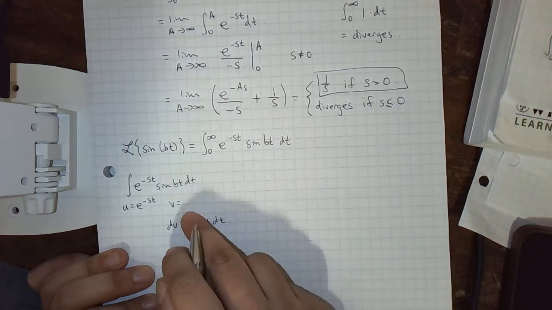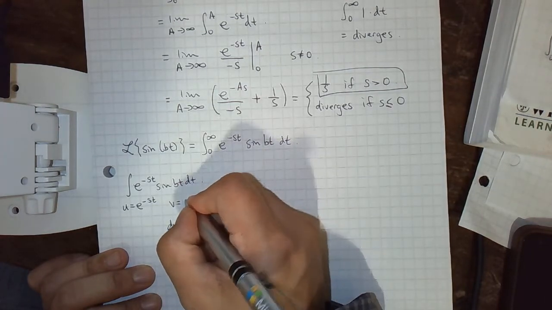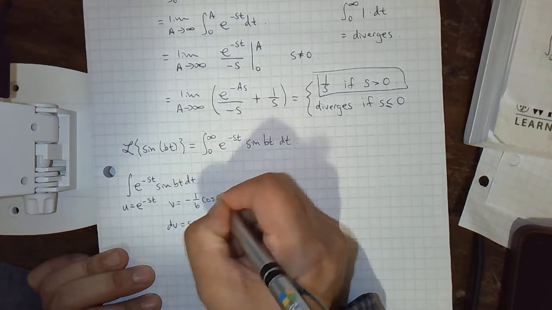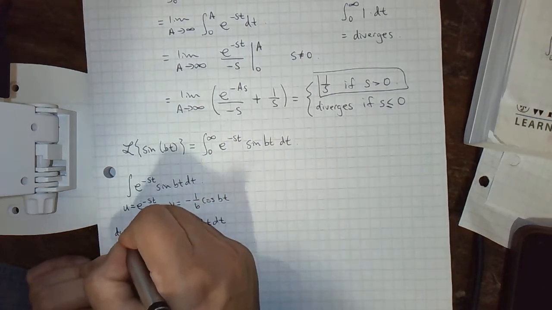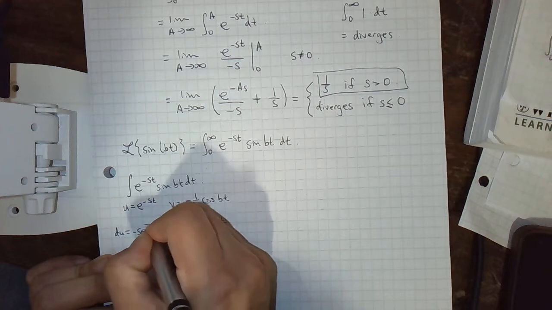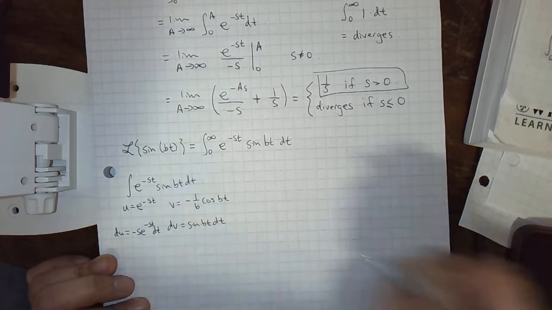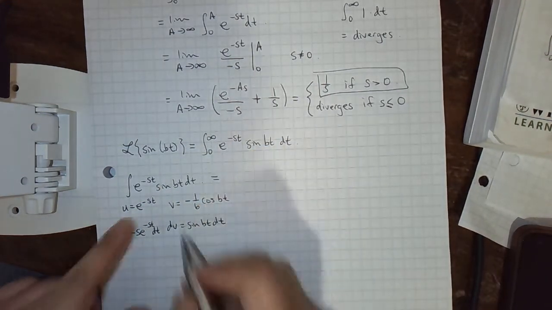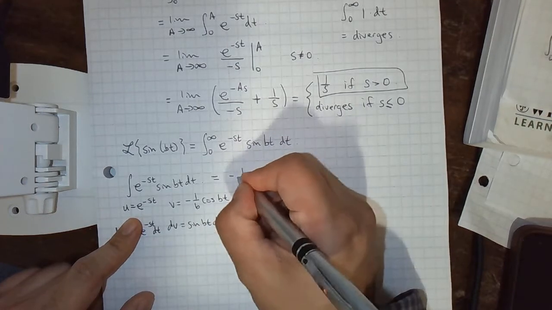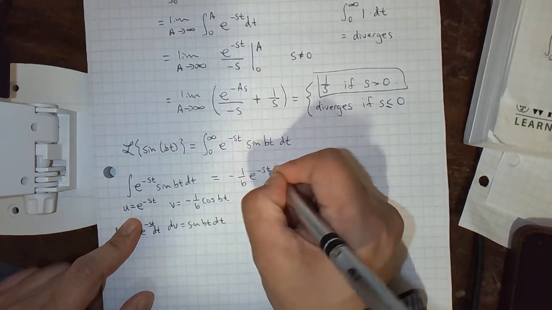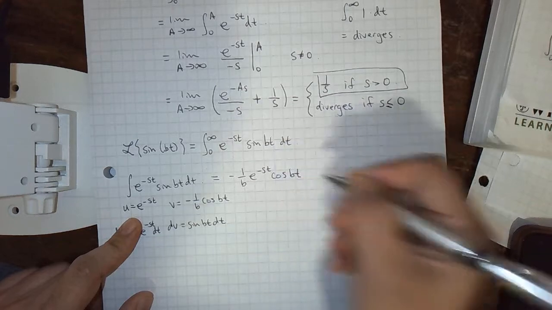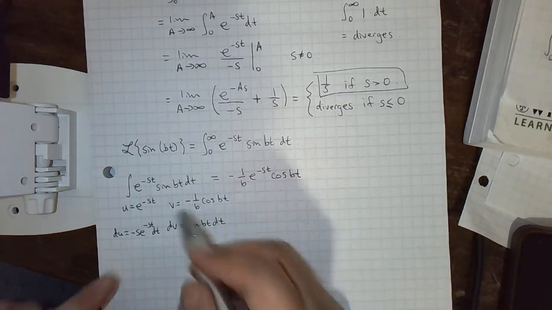That means v is the integral of that, so negative 1 over b cosine of bt, and du is negative s e to the negative st dt. The integration by parts says we take u times v, so negative 1 over b e to the negative st cosine of bt, minus the integral of v du.